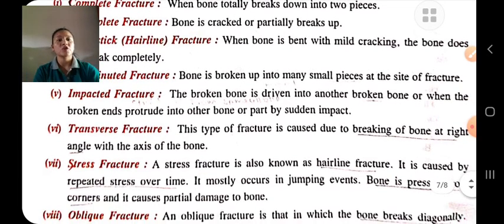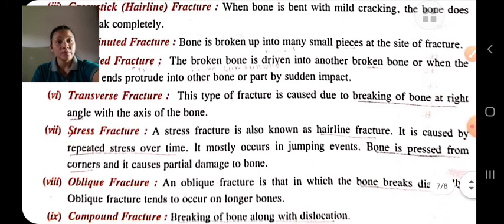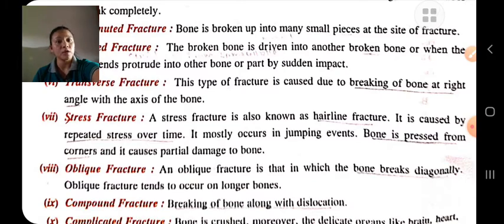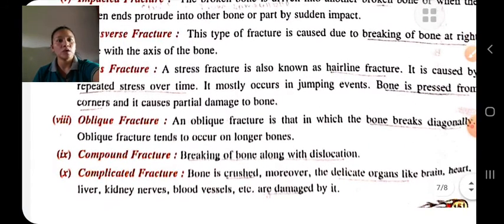Transverse fractures: the bones break at right angles with the axis of the bones. Stress fractures are due to repeated stress over time at the joint. The bone is pressed from the corners and causes partial damage to the bone.